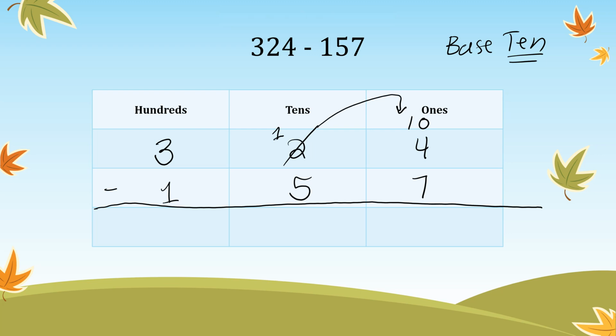Okay, now I would go ahead. 2 is 1 and 1. This one right here is going to become a full group of 10. I would write 10 right there, and don't you go think 14 minus 7. Do not think 14 minus 7. Why is that? Because 7 is always going to be smaller than a full group of 10.